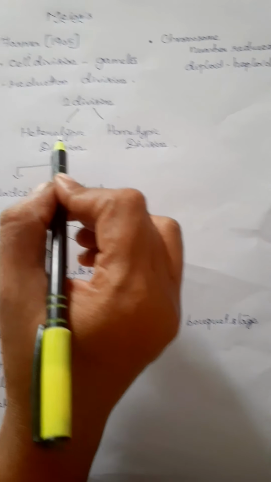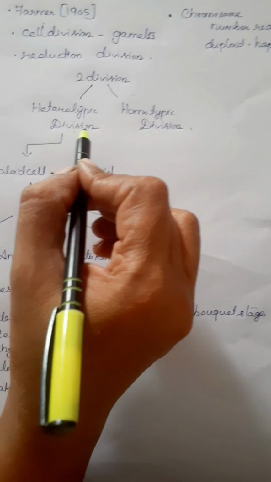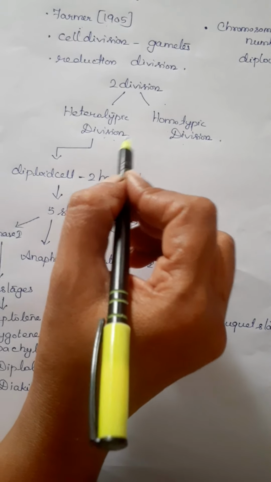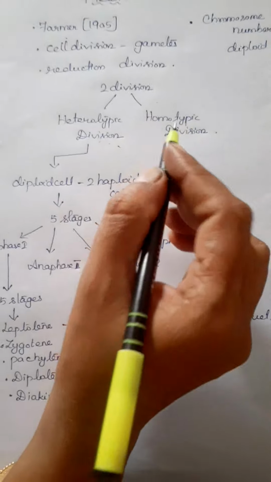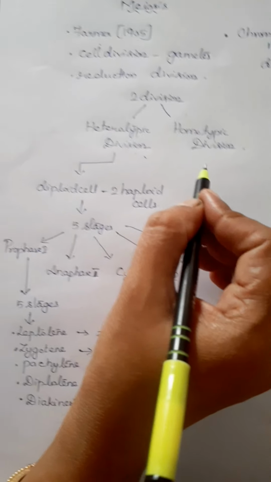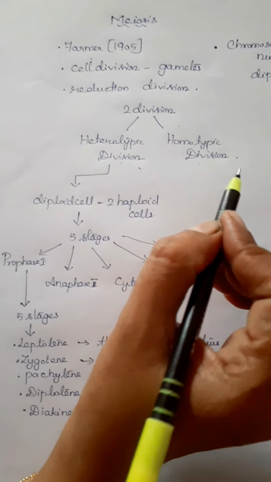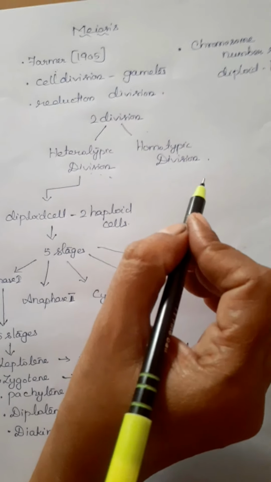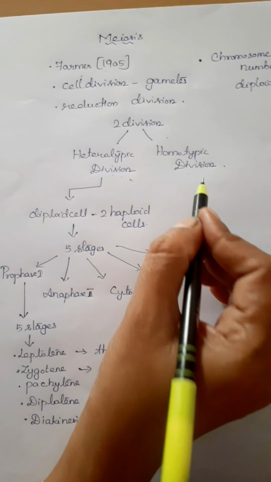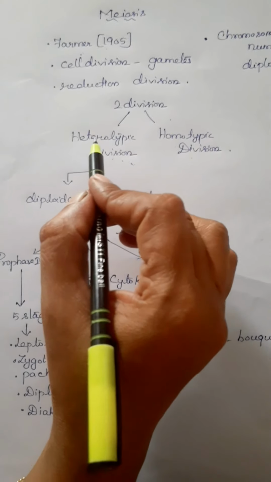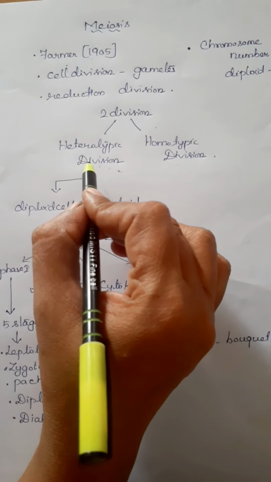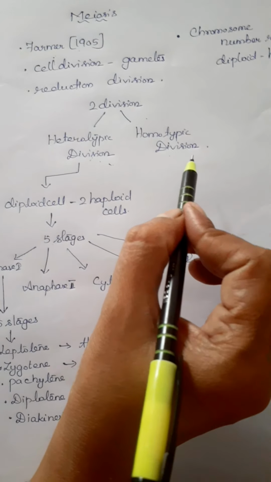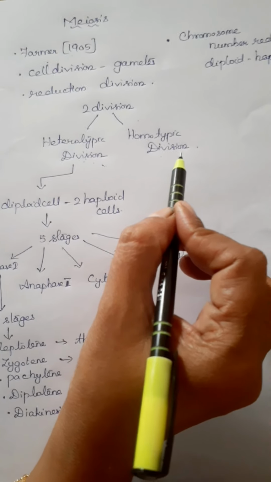The heterotypic division produces two daughter cells with different chromosome number, and in the homotypic division the resulting cells are similar to the parent cell. Finally, 4 haploid cells are produced.